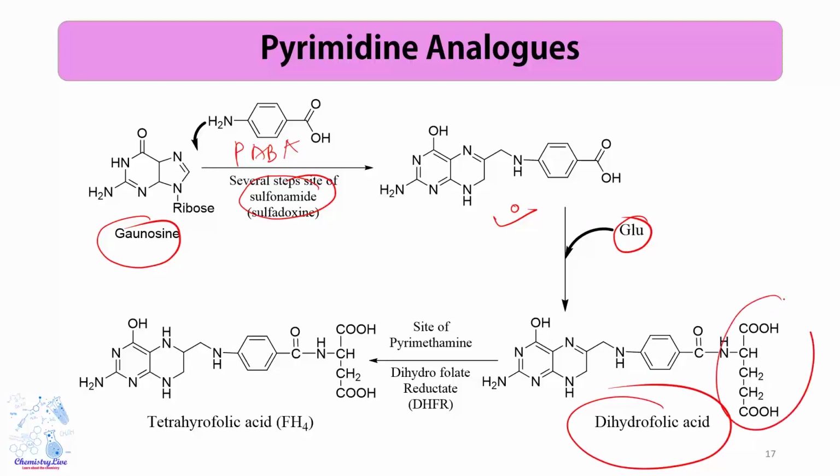That step is the sulfadoxine step. The next is a pyrimethamine step, because it reduces the dihydrofolate reductase enzyme activity, and that product is not formed. So ultimately we can say pyrimethamine stops the formation of food for that parasite, and if it stops the food, we indirectly kill the parasite.